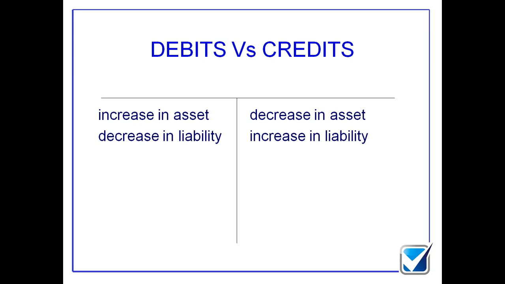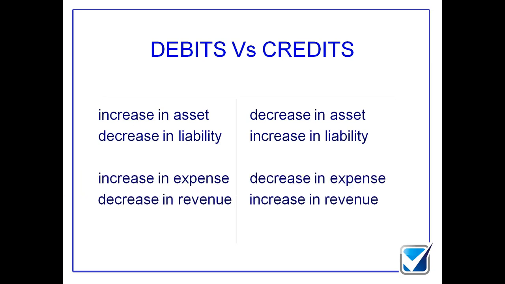So that's the impact on my balance sheet or on my statement of financial position. What we then have is an impact on my profit and loss account. An increase in expenses will be a debit.